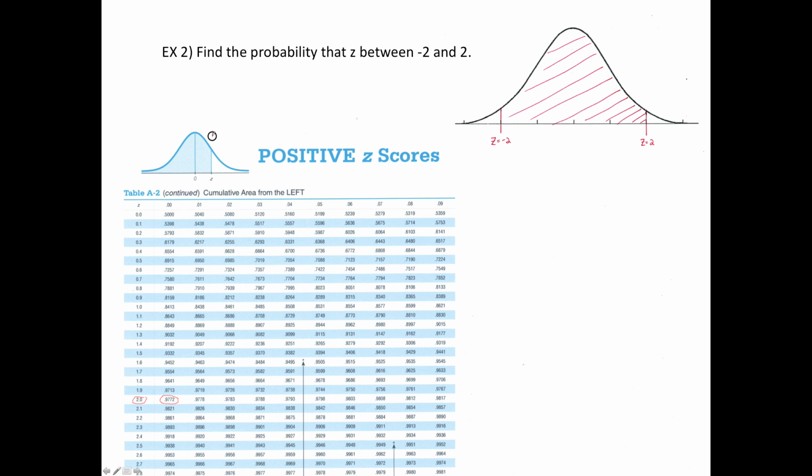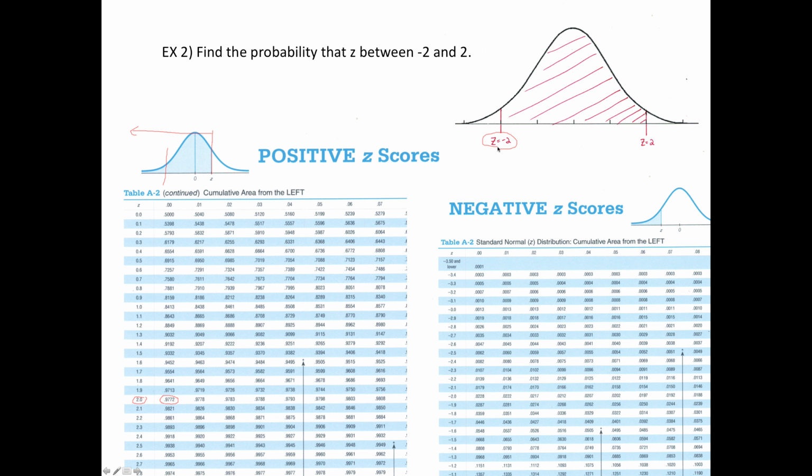Keep in mind that 0.9772 goes from here all the way to the left forever, which means it's too much because it's also including this little left tail. So we're going to have to look up how much that left tail is and subtract it off, because that left tail is not supposed to be shaded. That's coming from z equals -2.